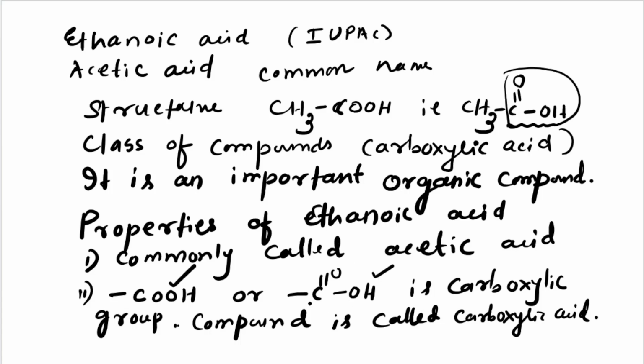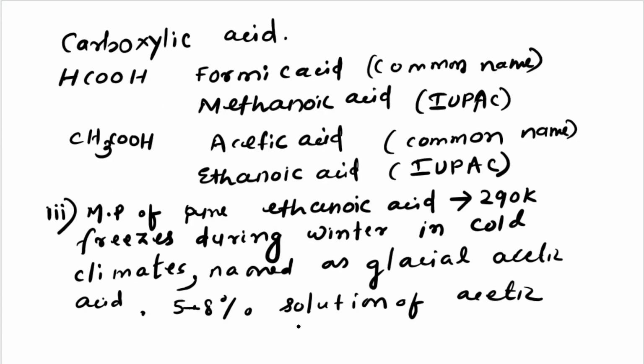But here you can explain easily. Carbon has 4 valency, you can observe 1, 3, 4. Then here is the carboxylic group. When the COOH group is present in a compound, that is called the carboxylic acid group, or the total is called carboxylic acid.